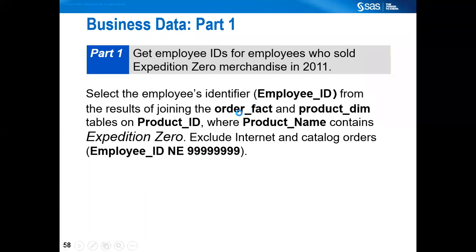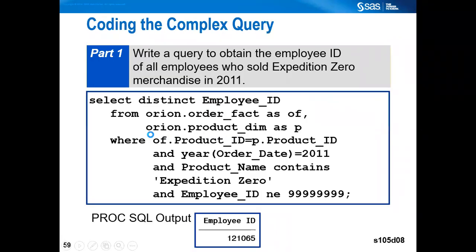So first thing, we are going to work with these two tables, order fact and product name, to find out which employee has performed this sale for expedition 0 in the year 2011. Hence, distinct employee ID from orion.order fact as OF, giving its alias, comma, orion.product name, giving the alias as P, where product ID is equal to product ID from order fact and product name.